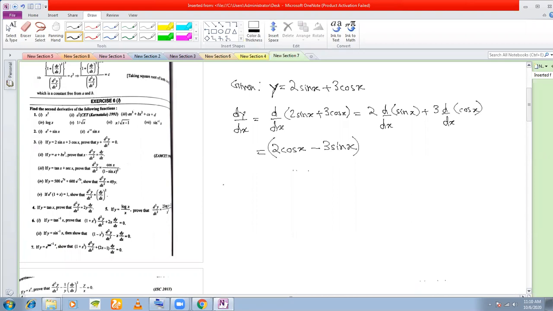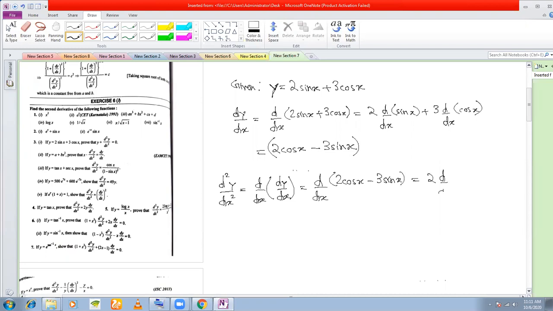Next, we need to find d2y dx2. d2y dx2 is ddx of dy dx, which is equal to ddx of (2 cos x minus 3 sin x), because that is what dy dx we have found out.